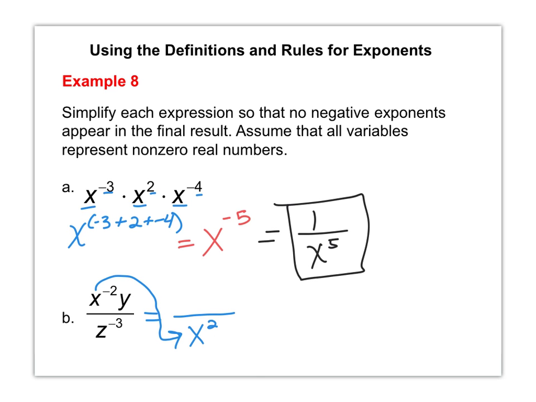The z to the negative 3 power, we're going to write that as z to the positive 3 power in the numerator. Now the y already has a positive 1 in the numerator, so we're going to leave it in the numerator. And then our final answer can be written as y times z to the third over x squared.